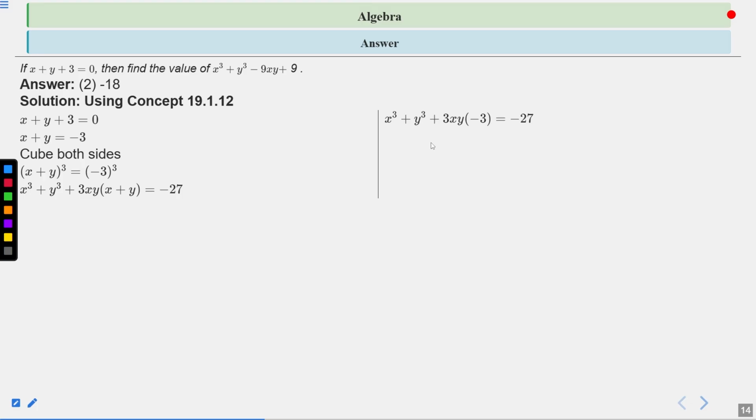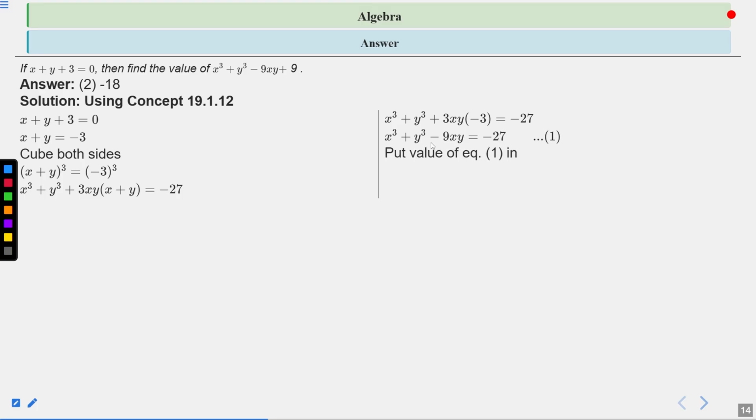When we simplify it, we get x cube plus y cube plus 3xy times minus 3, which becomes minus 27. Now we simplify it, so we get x cube plus y cube minus 9xy equals minus 27. This is our equation 1.